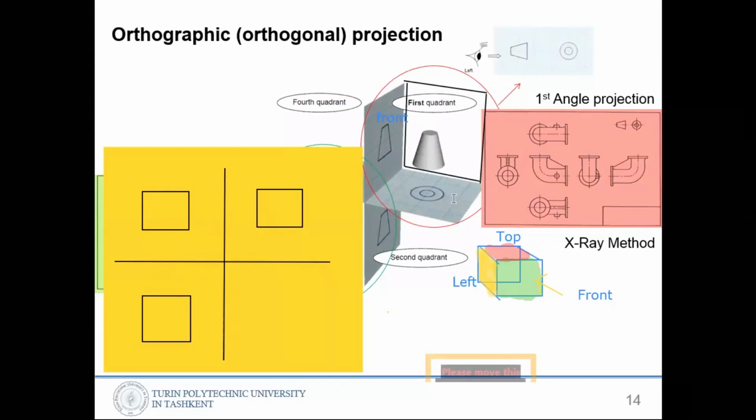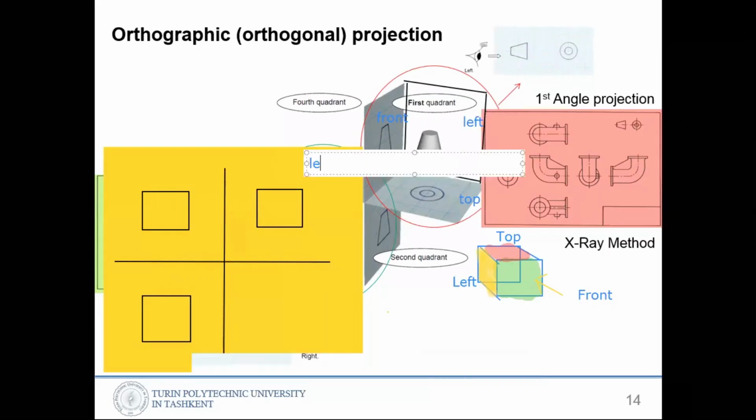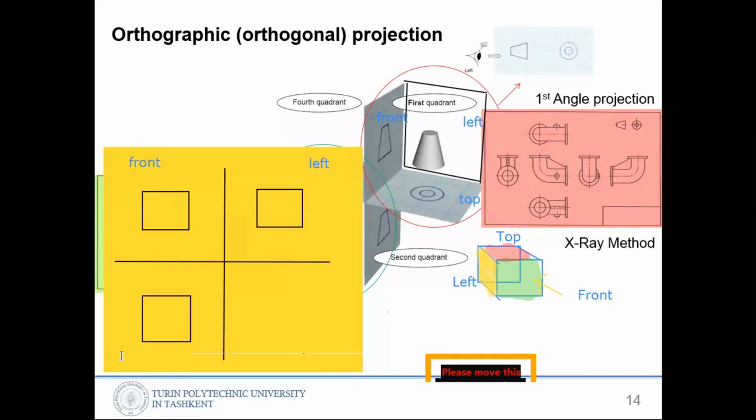That's a top wall. That's a left hand side. Left wall. So this is a left wall. That's a front wall. That's a top plane. Yes, top plane here. That's the front plane and left side plane.